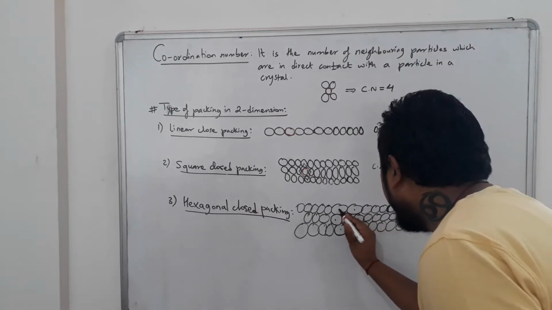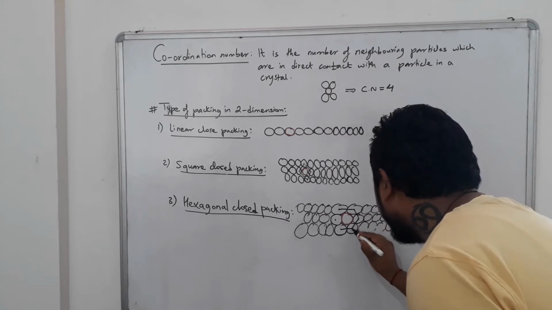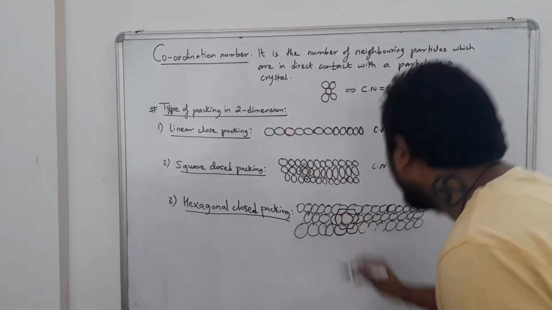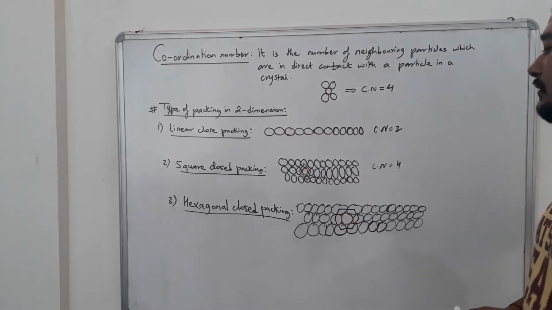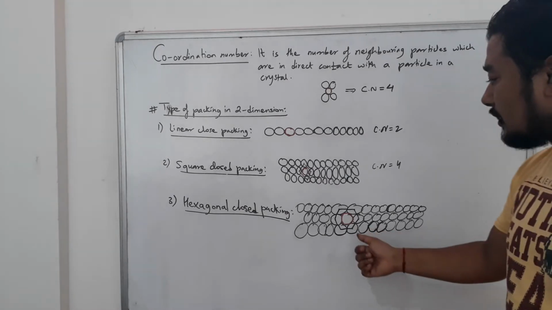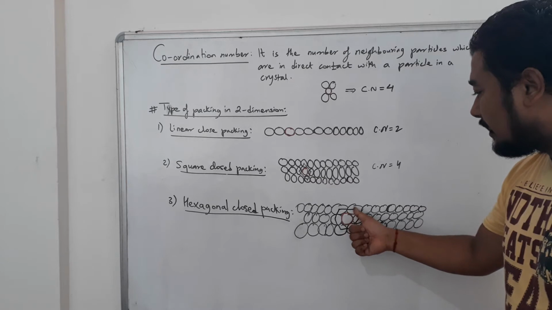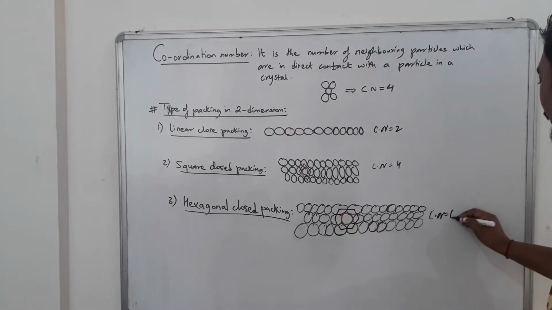If you draw a line, you get a picture of a hexagon, having 6 sides. Therefore it is called hexagonal close packing. If you count the particles in direct contact with the particle at the center, it is 1, 2, 3, 4, 5, 6. Therefore the coordination number for this is 6.